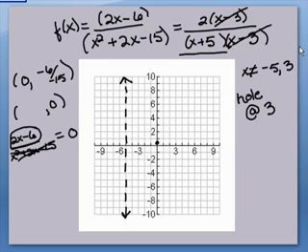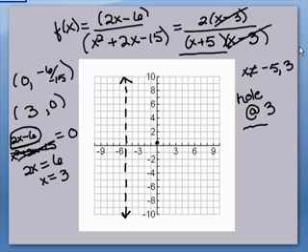If I plug this in though, I get 2x is equal to 6, and then x is equal to 3. But what did we say earlier? We said that there would be a hole at 3. So it looks like that's where our hole occurs there. Now that doesn't happen very often. Okay, so now what we're going to do is plug this into your calculator and see what it looks like.